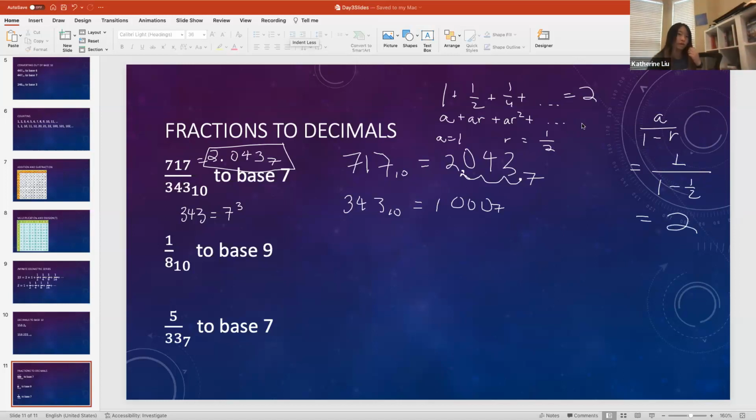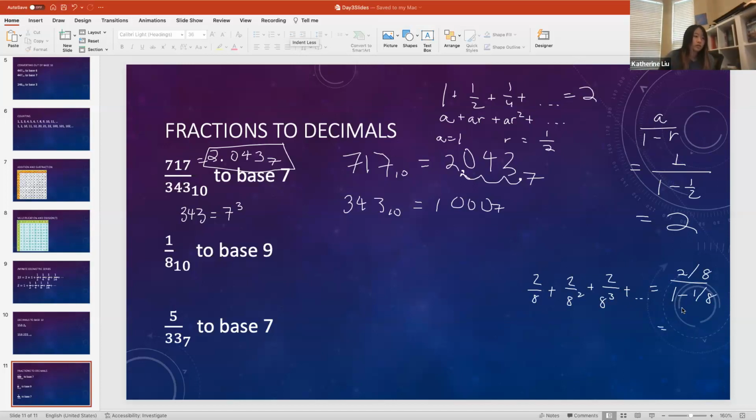Just like we calculated. And similarly for the other one we did, 2 over 8 plus 2 over 8 squared plus 2 over 8 cubed. Using this formula, it's 2 over 8 over 1 minus 1 over 8, because that's our common ratio. Every time we multiply by 1 over 8.